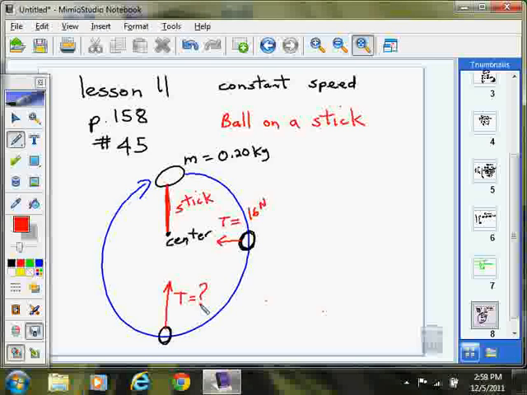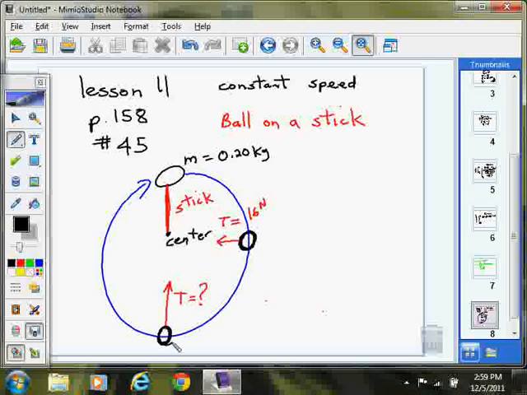But it's not, because it's a vertical circle, and you've got gravity pulling down. So basically, we know the tension at the 3 o'clock position, which is right here, like when a clock's at 3 o'clock, is 16, and we want to know how much tension is in that stick at the 6 o'clock.